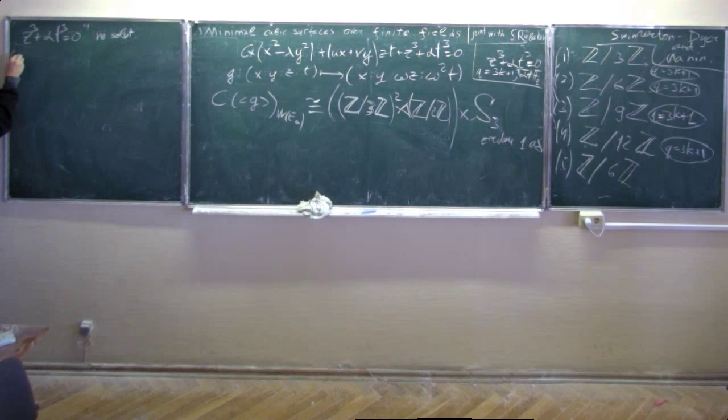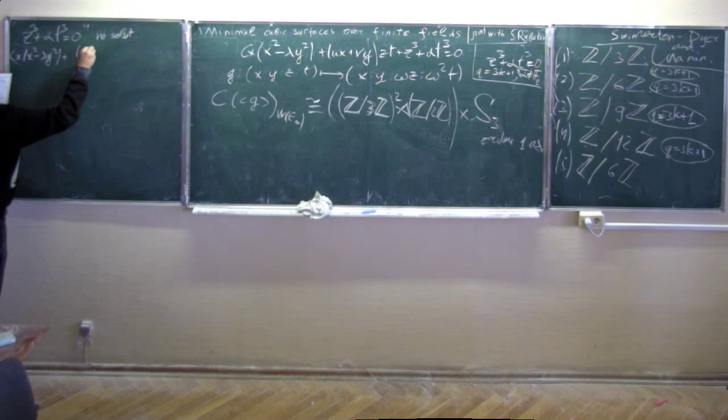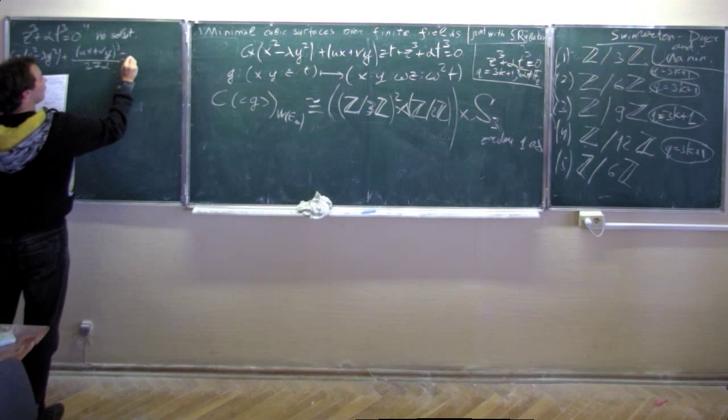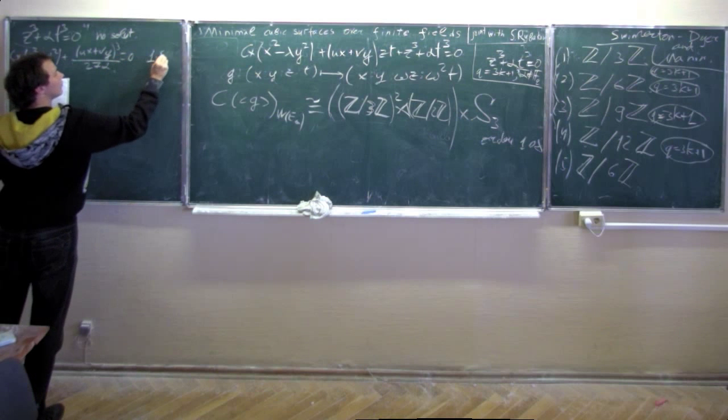Then c x squared minus lambda y squared plus Ux plus Vy cubed, for alpha: one solution.